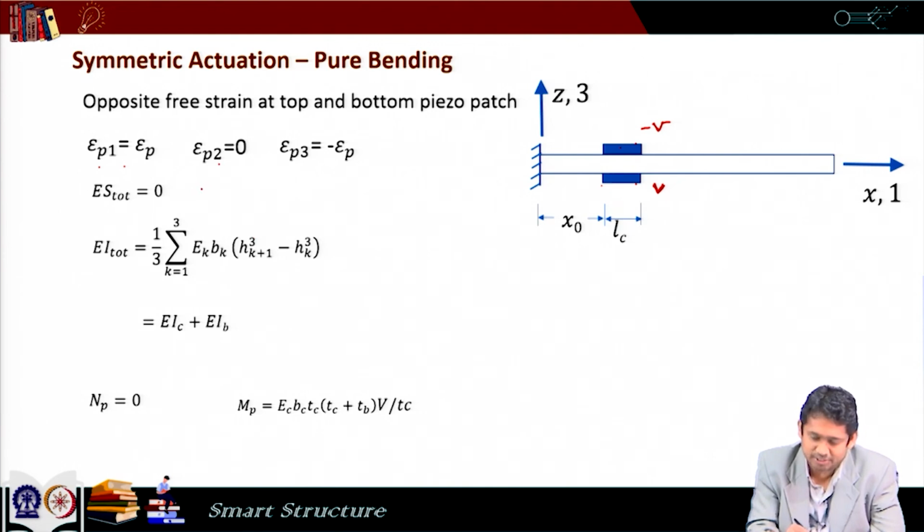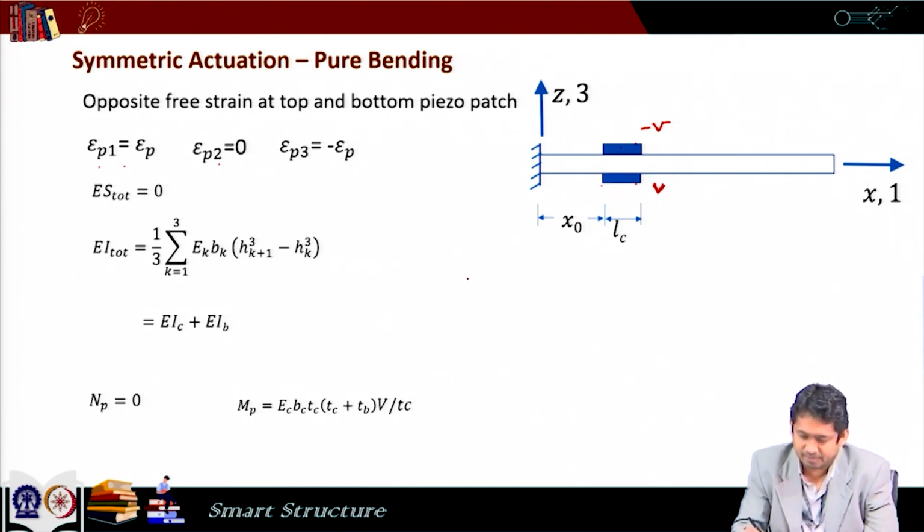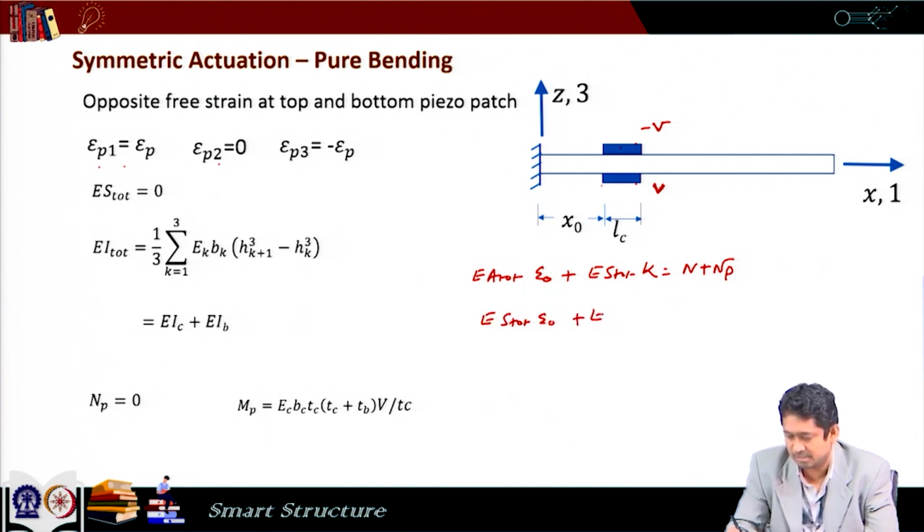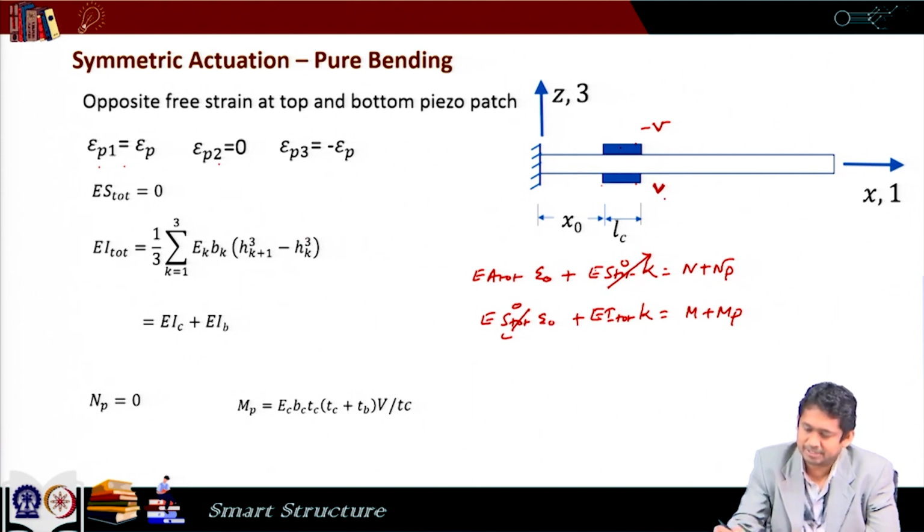So, we can say that ES total is 0, and so among these equations, EA total epsilon 0 plus ES total kappa is equal to n plus n p, and ES total epsilon 0 plus EI total kappa is equal to m plus m p. Because ES total is 0, these two equations are uncoupled, and because the actuation is antisymmetric, it is not going to cause anything axially. So, we can solve this problem separately.